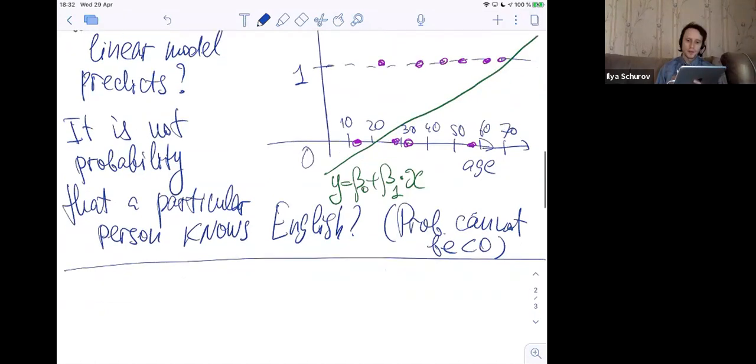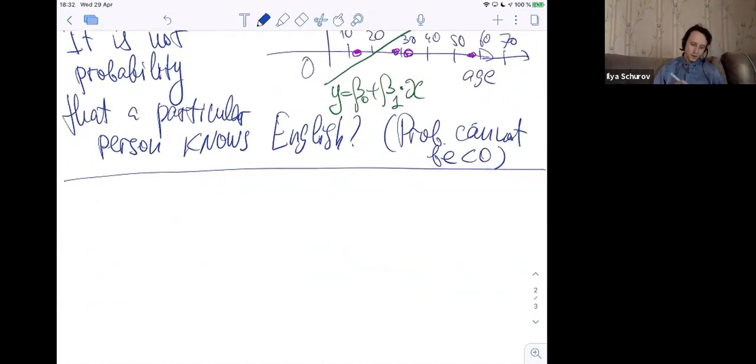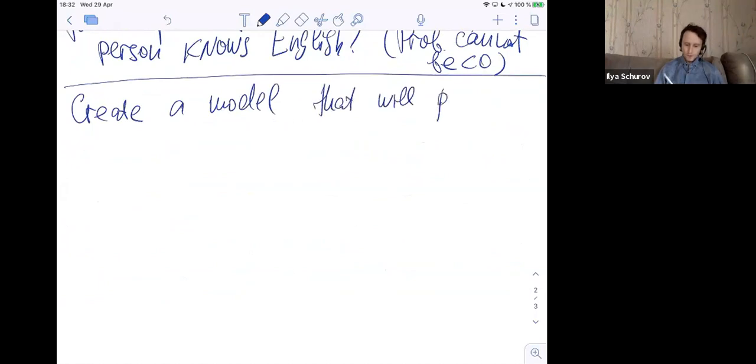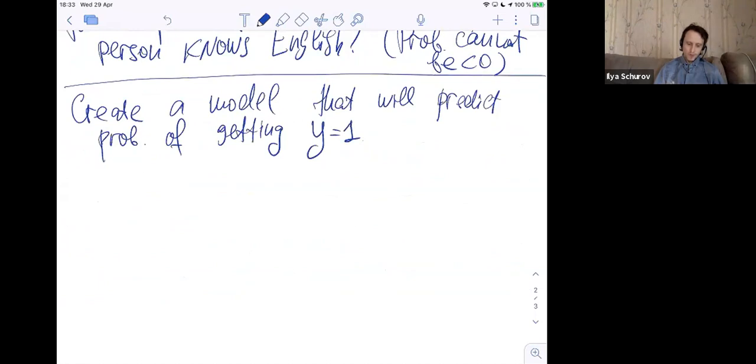Okay, so we can continue. Our goal is, in the same setting, to create a model that will predict the probability of getting y equals 1.